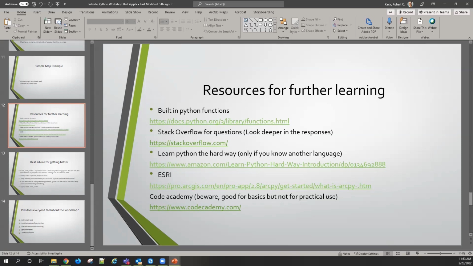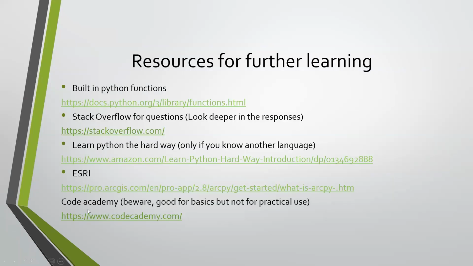But I would also caution you against learning Python entirely through a web service like Code Academy. So the thing that Code Academy does well is it teaches you the basics very well of like, oh, how do these different variables work? But the minute you get into anything practical, the utility drops off.